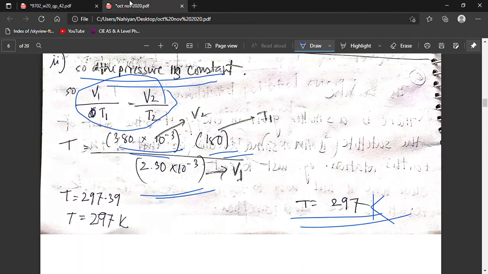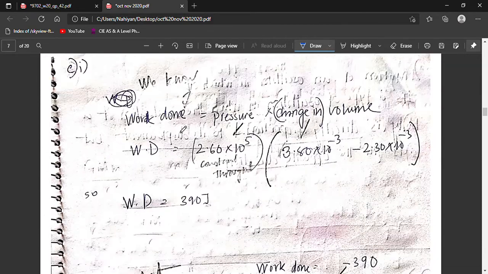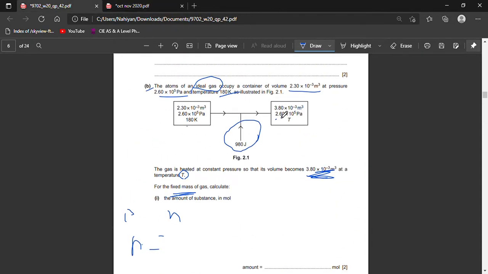So work done, let's look at the solution. We know work done is equal to pressure multiplied by change in volume. So all you have to do is just substitute the pressure and the change. This is the change, this one minus this one.